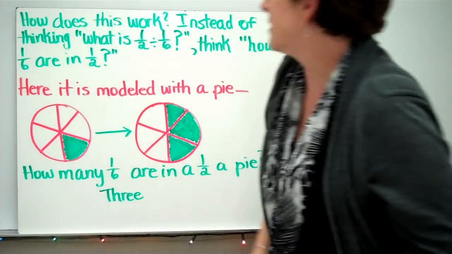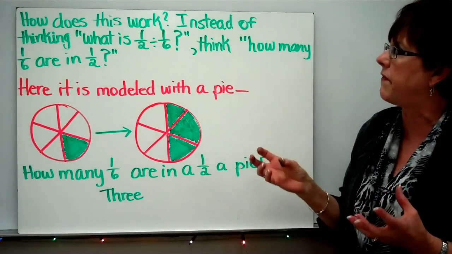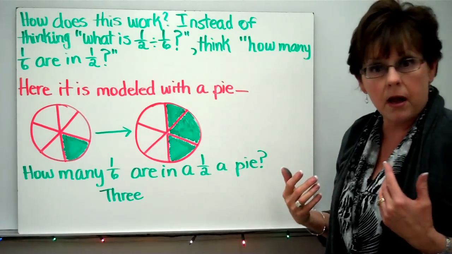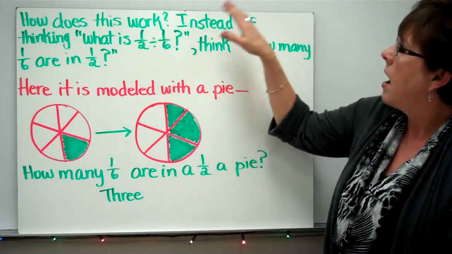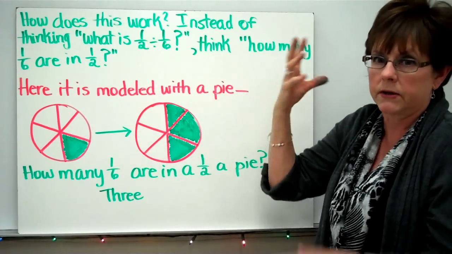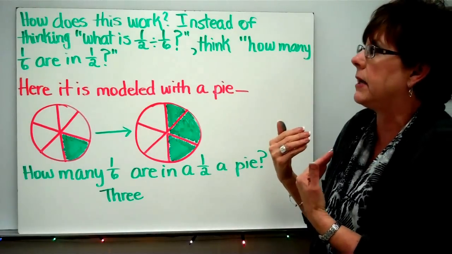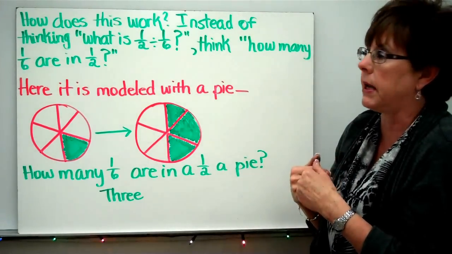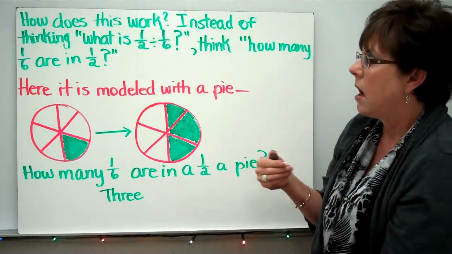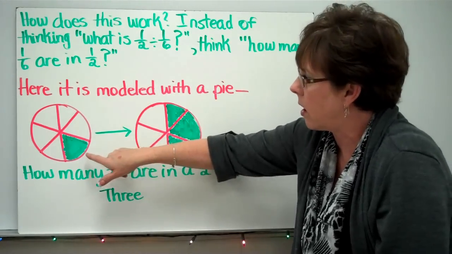Now, you might be thinking, so how does this work? I don't understand how you're supposed to be dividing, but you're multiplying? It's reciprocals? What's that? Well, instead of thinking, what is 1/2 divided by 1/6, think of it in a different way. Think, how many 1/6 could there be in a half? All right, well, let's model it with a pie or pizza or whatever you want to call it.